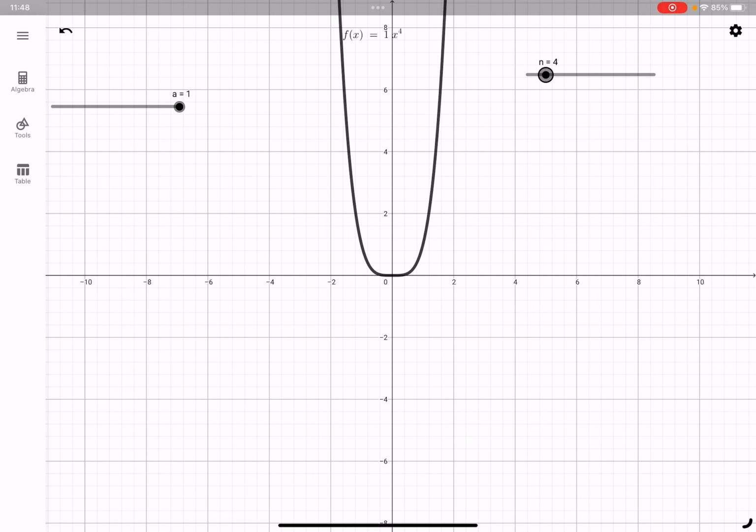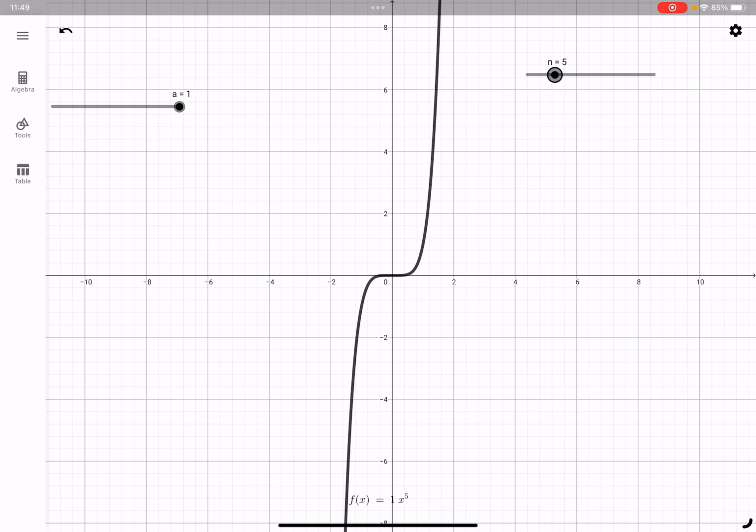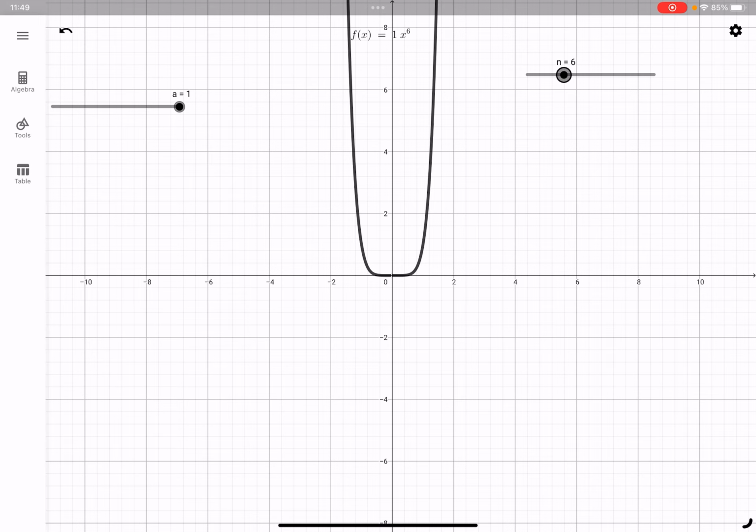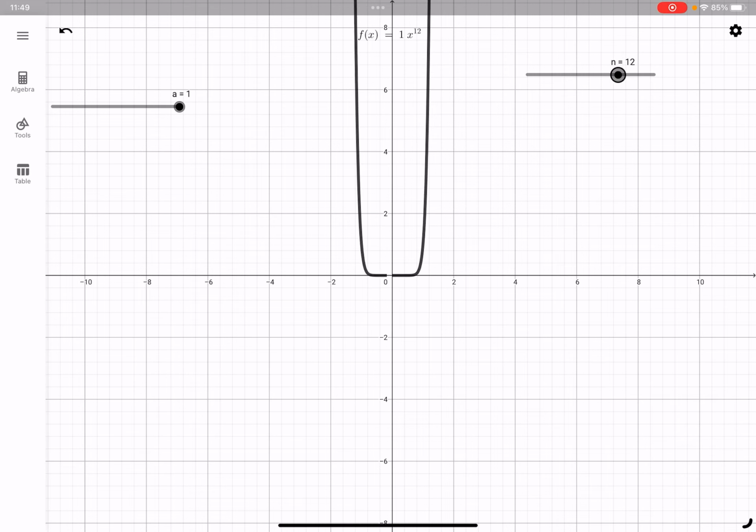Now if I change that exponent from a 4 to a 5, from a 5 to 6, 6 to 7, to 8, to 9, and 10, and so on, you'll see that the graph of this power function is essentially becoming one of two possibilities. It becomes a U-shaped graph, and both ends are pointing upwards whenever our exponent is an even number.